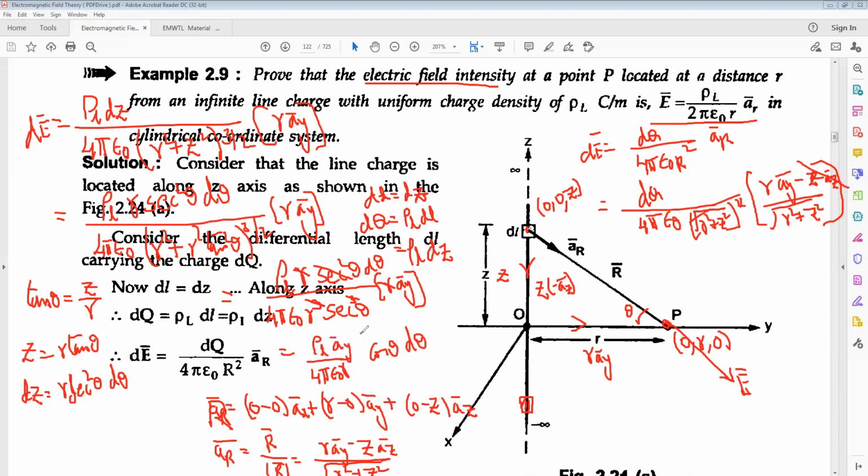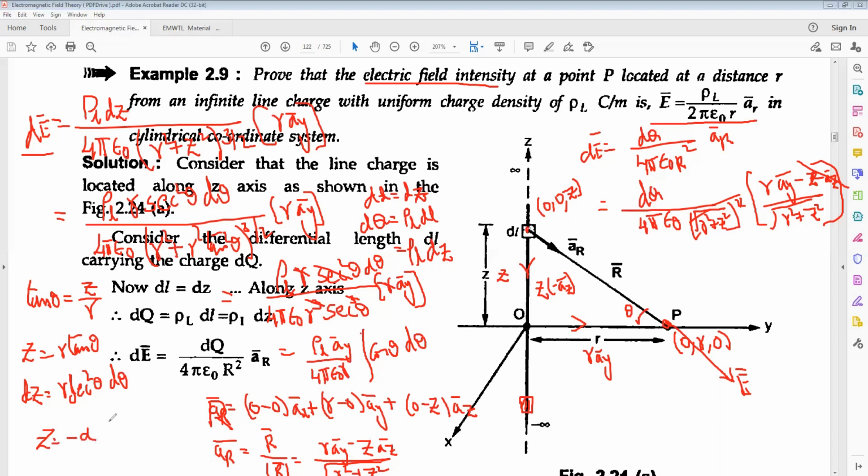Now I can apply the integral. It is a differential electric field intensity. Apply the integral here. The theta value varies, because previously it was minus infinite to infinite along the z-axis.